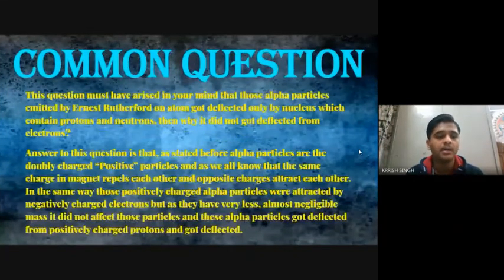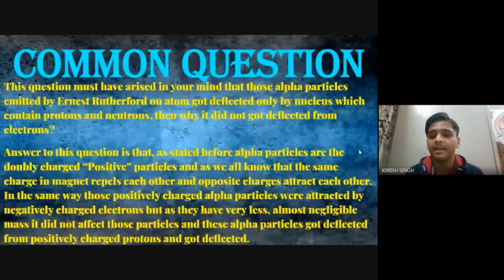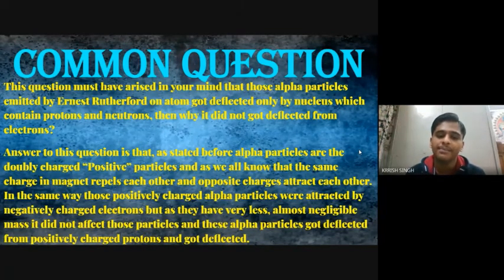Common question. This question must have arisen in your mind: the alpha particles emitted by Rutherford got deflected only by the nucleus, which contains protons, so why were they not deflected by electrons? The answer is that, as stated before, alpha particles are doubly charged positive particles.